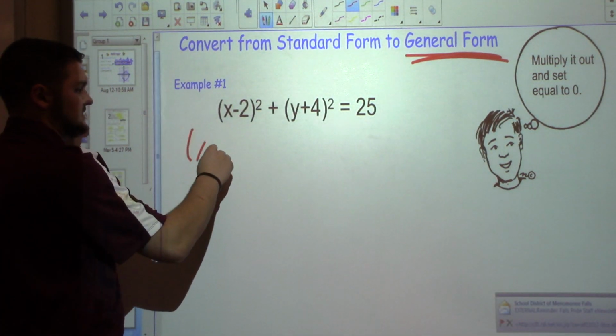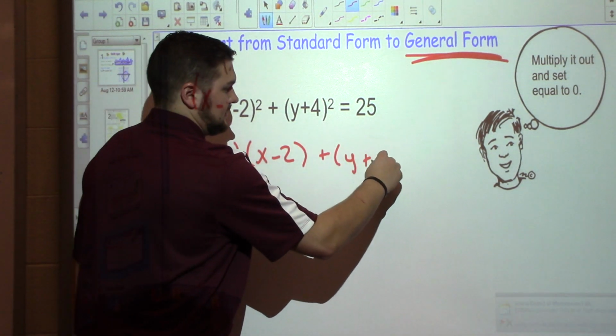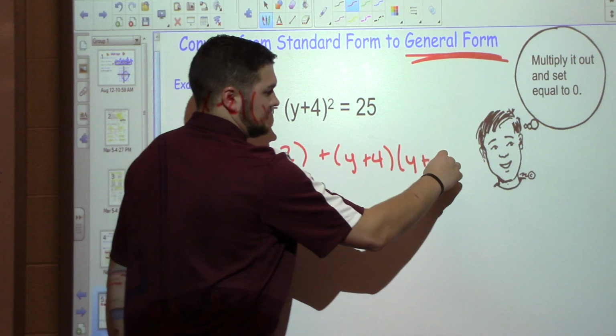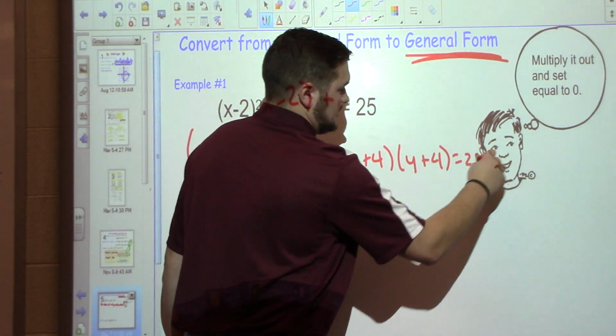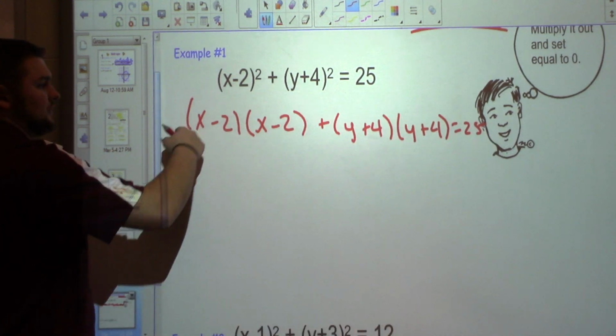So, x minus 2 times x minus 2 plus y plus 4 times y plus 4 equal to 25. All I did is I separated my two pieces. Now, as you get better at this, maybe you'll skip this step, maybe you'll skip the next step, but I'm going to do it all right now. So FOIL these.